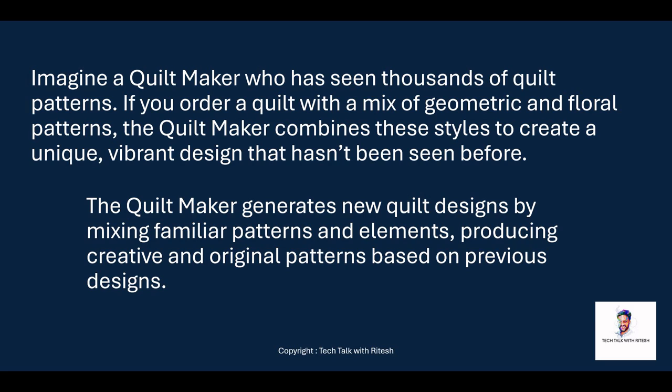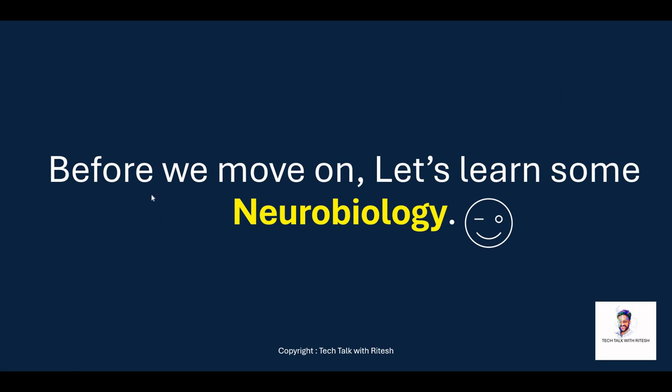The quilt maker generates new quilt designs by mixing familiar patterns and elements, producing creative and original patterns based on previous designs. So what has the quilt maker done? He has previous historical learning, because he has made so many quilts. Now with that learning he is generating a new quilt design, mixing all those patterns, and this is a unique design which has never been created before. That is the idea. Okay, it's a fun thing.